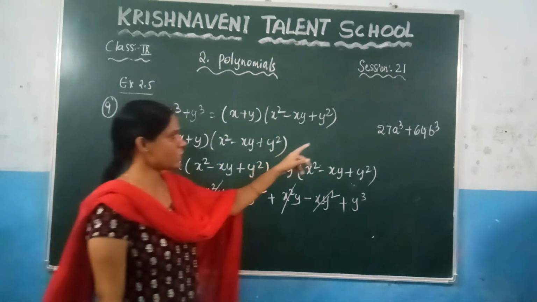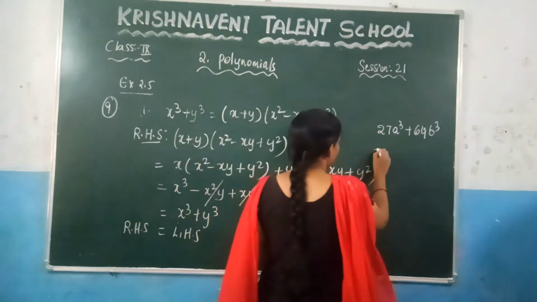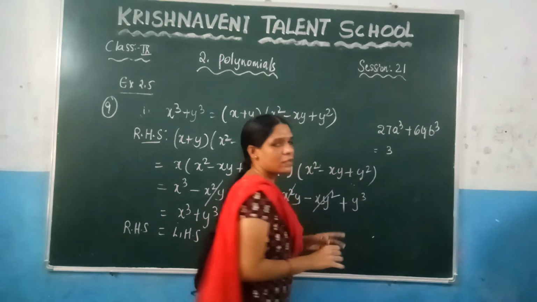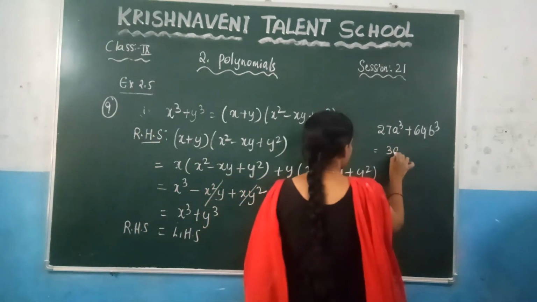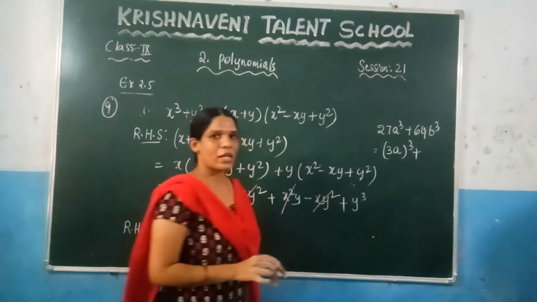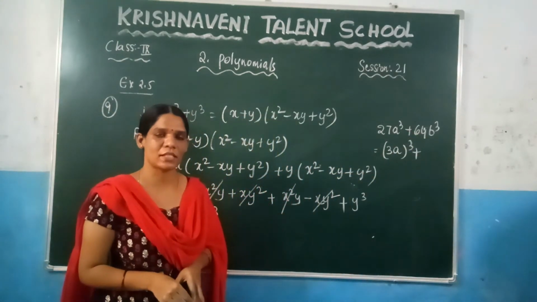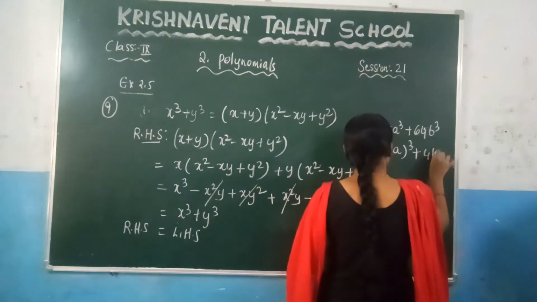So here if you consider 27a cube plus 64b cube, you can write 27 as 3 cube, right? 3 3s are 9, 9 3s are 27, so you can write it as 3a whole cube. And similarly you can write 64 as 4 cube, because 4 4s are 16 and 16 4s are 64, so you can write this as 4b whole cube.